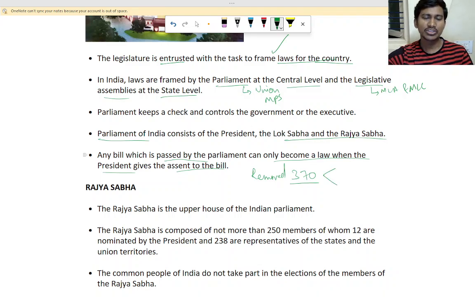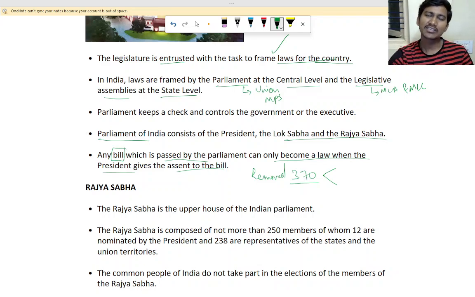They put the bill. If they want to change something, they have to put a letter. That letter is what we call a bill. Okay, you give a permission letter to the principal, right?